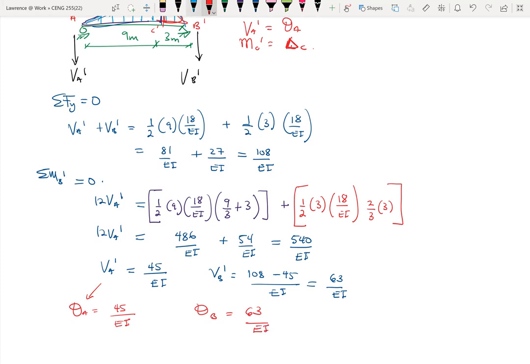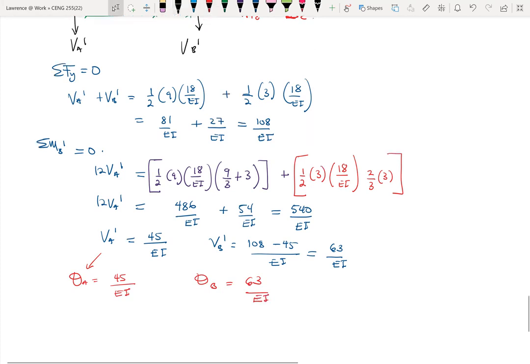Since they are both positive, it means that the angle is measured counterclockwise in both cases.